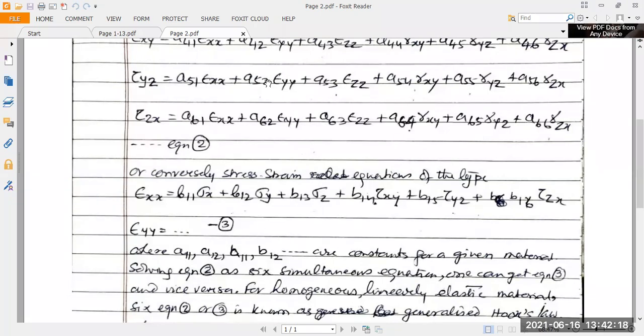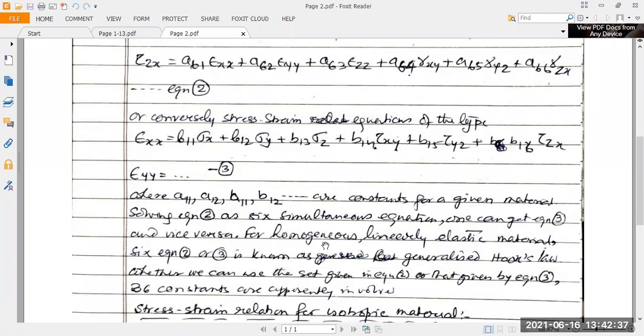So you have to solve this. If you solve it, you get all these strains. So if you know sigma x, sigma y, and everything, and if you know all these constants, you can simply calculate the strain, or reversely the stress. Now, for homogeneous linearly elastic material, 2 and 3 are known as the generalized Hooke's law.